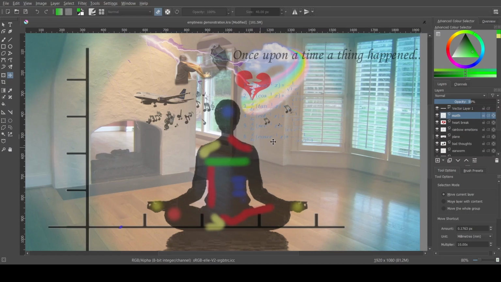And so, before you have this permanent insight into emptiness, the layers of the mind are opaque to you in a way.